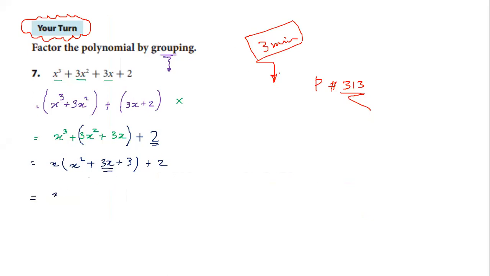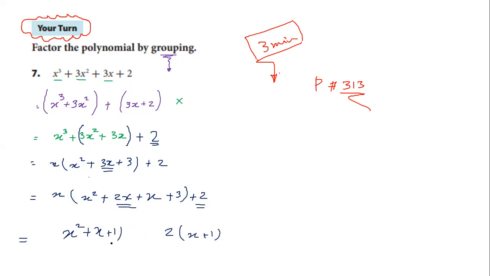This 3x can be written, guys, as 2x and 1x plus 3 plus 2. Then we can write it from the beginning like this, 2x and 2, and take 2 as a common factor. If we take 2 as a common factor, we have x plus 1, and then we have x squared plus x plus 1 also.